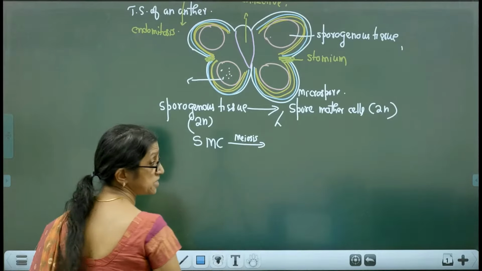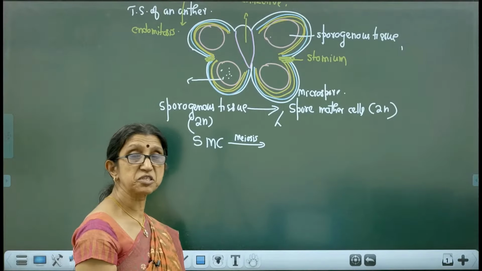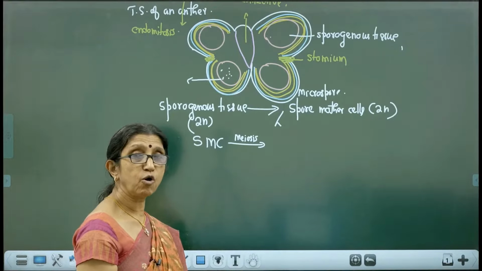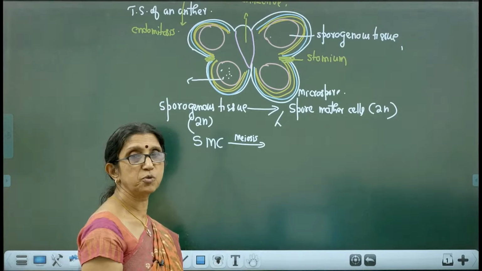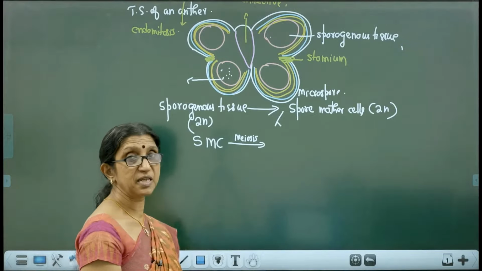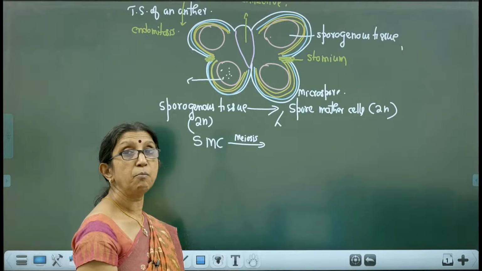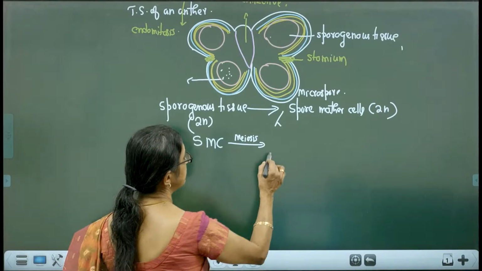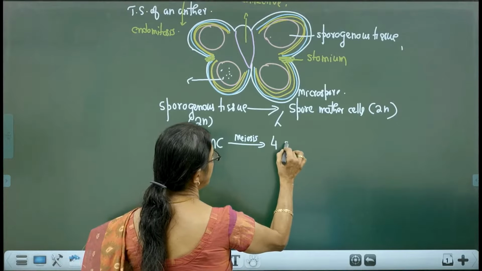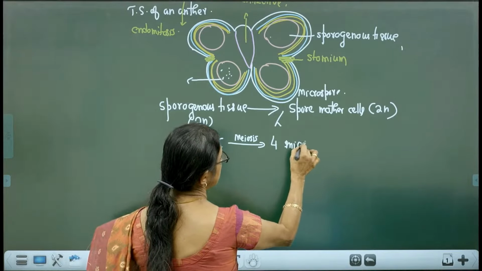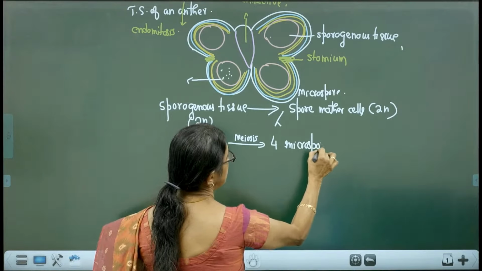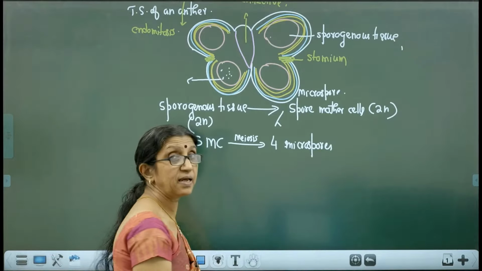That is reduction division, and meiosis results in the formation of 4 haploid spores. This is the spore mother cell. So the resulting spores are called microspores. So it results in the formation of 4 microspores.